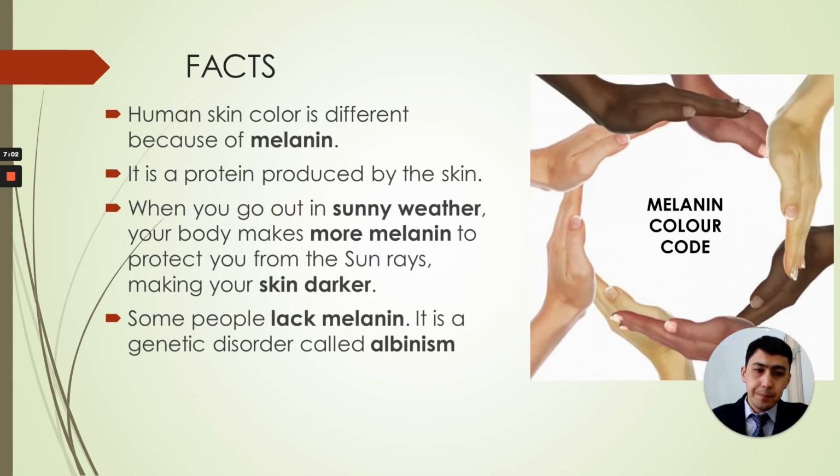So facts. We know that people may have different colors of skin, and it is because of the protein called melanin. If you have a lot of melanin in your skin, a high level of melanin leads to darker skin, a low level of melanin leads to lighter skin.